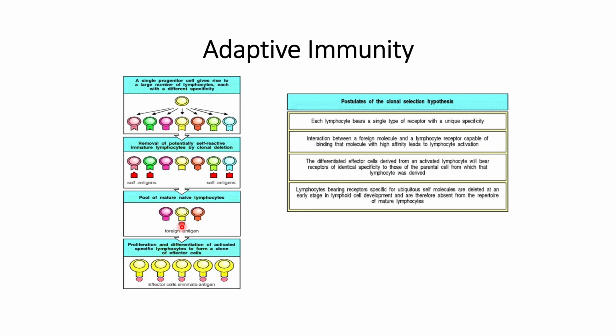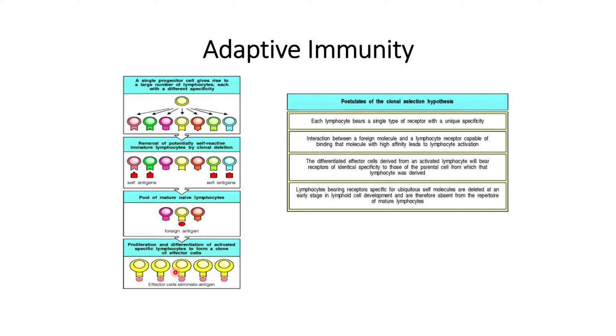Whenever a lymphocyte, suppose this yellow lymphocyte, detects a foreign antigen, it gives a signal to the bone marrow, where most of the lymphocytes are formed, to differentiate more lymphocytes of this antigen.